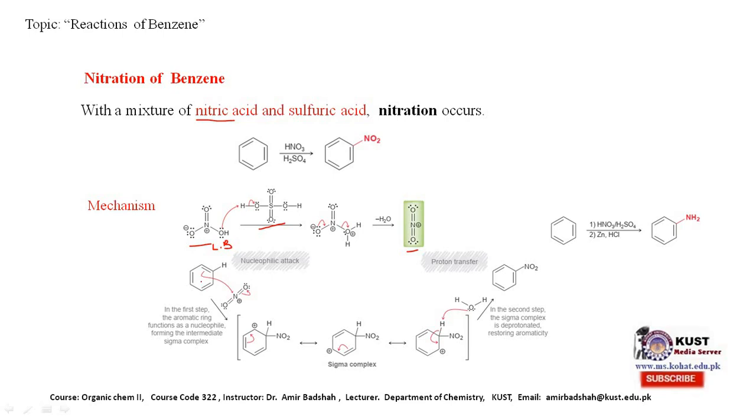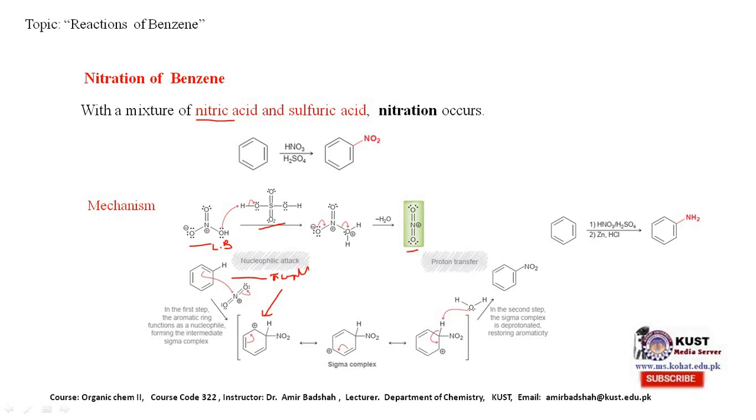Benzene here has plenty of electrons, it is a nucleophile in this step, and when it attacks, first it forms a pi complex, and from the pi complex it then changes into a sigma complex, as we have mentioned in the previous slide, that in the pi complex there is only interaction between the cloud of electrons of the aromatic ring and that of the electrophile, but in the sigma complex there is a proper bond between the electrophile and one of the carbons of the ring.